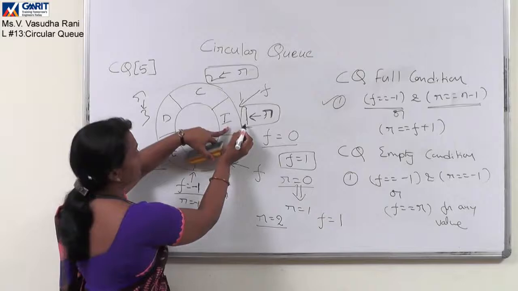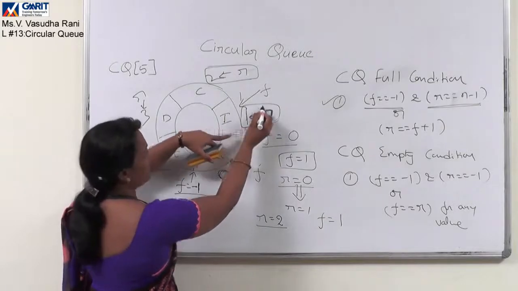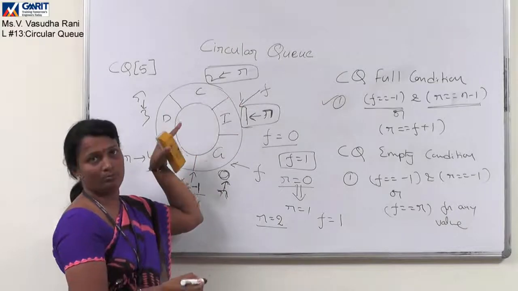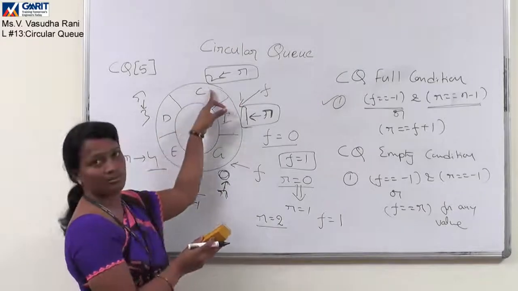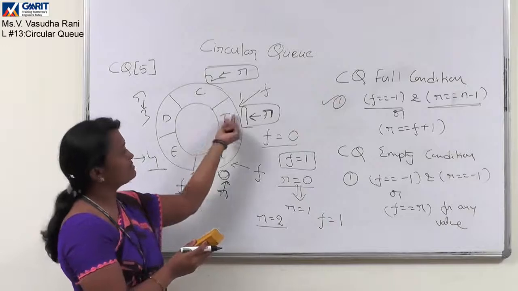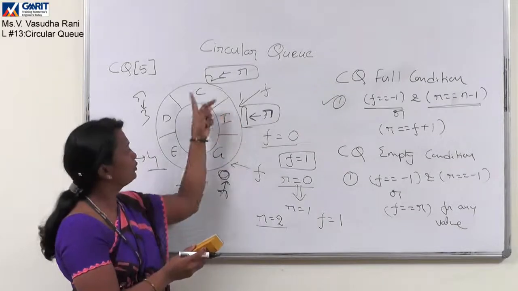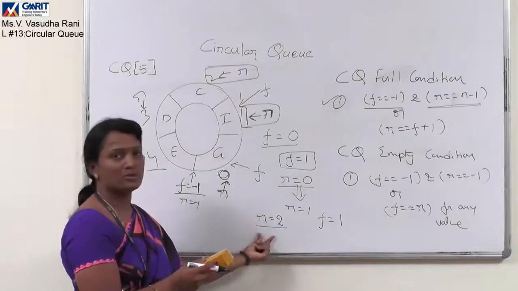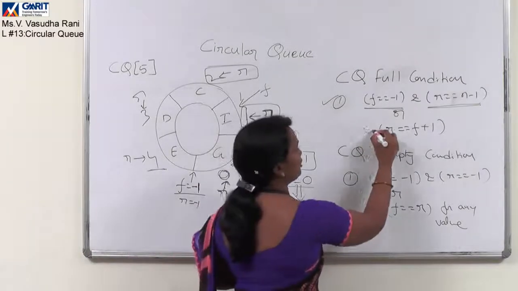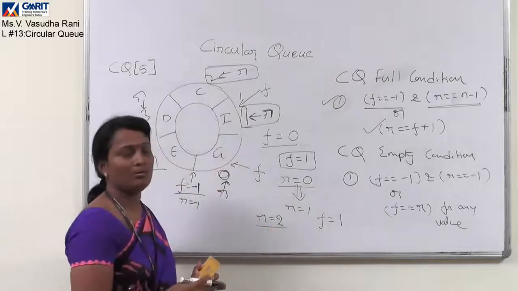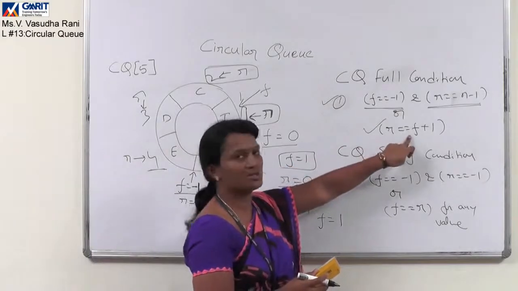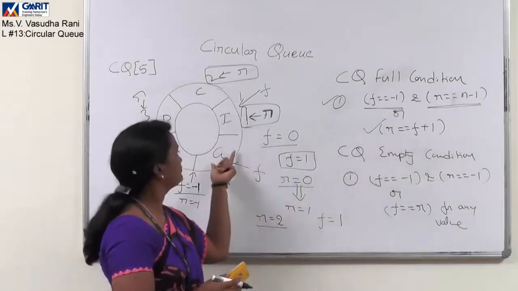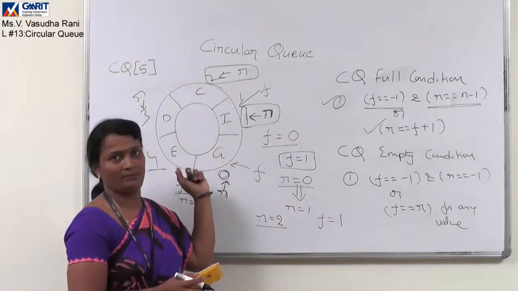Here, if you observe, once the rear passes the front and goes to the value immediately next to it, the situation shows that the queue is already full. So based on this discussion, we can conclude that rear equal to front plus 1. Once it reaches the case rear equal to front plus 1, then our queue is full.